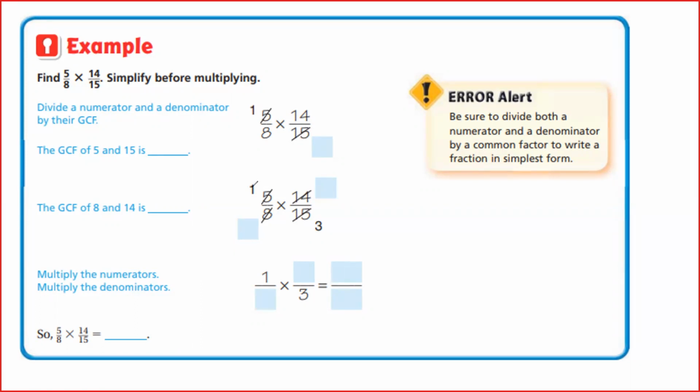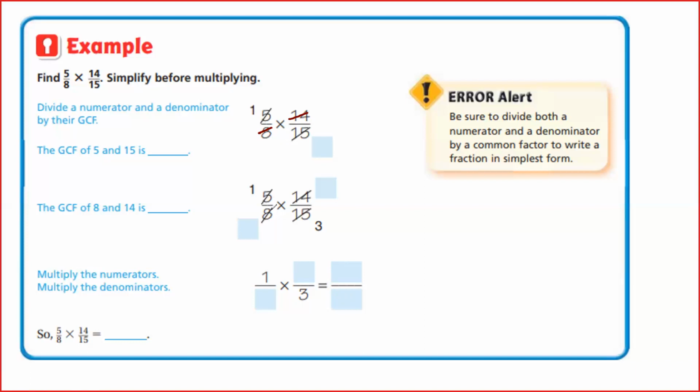5 divided by 5 equals 1. And 15 divided by 5 equals 3. Good job. Now, the next one here, 8 and 14. What is the number that can be divided by 8 and 14? 2, bravo. 2, because they are even numbers. Bravo, grade 6. I'm proud of you.